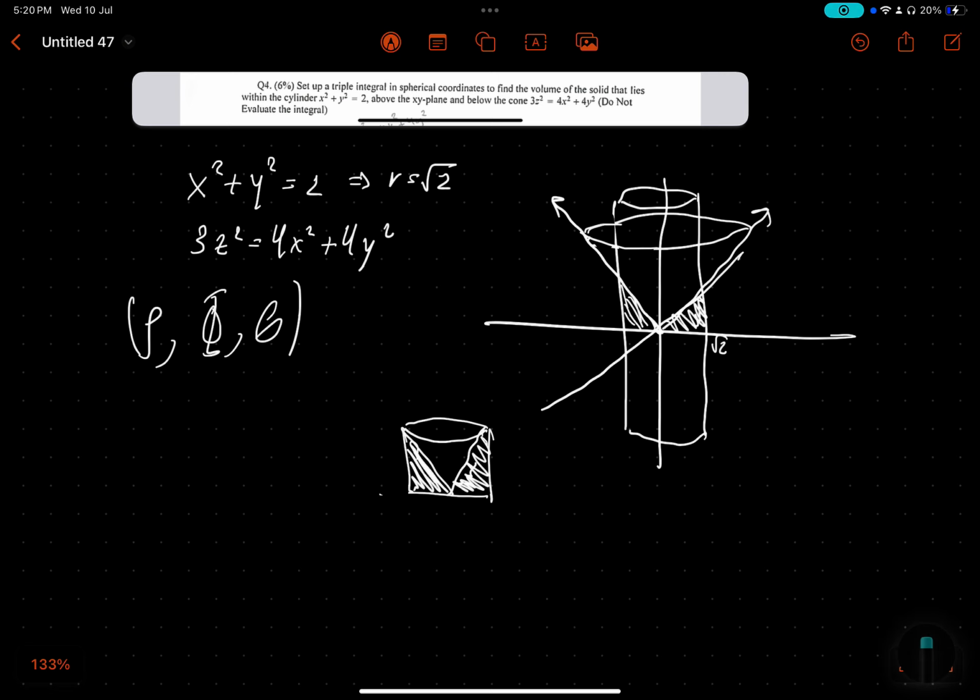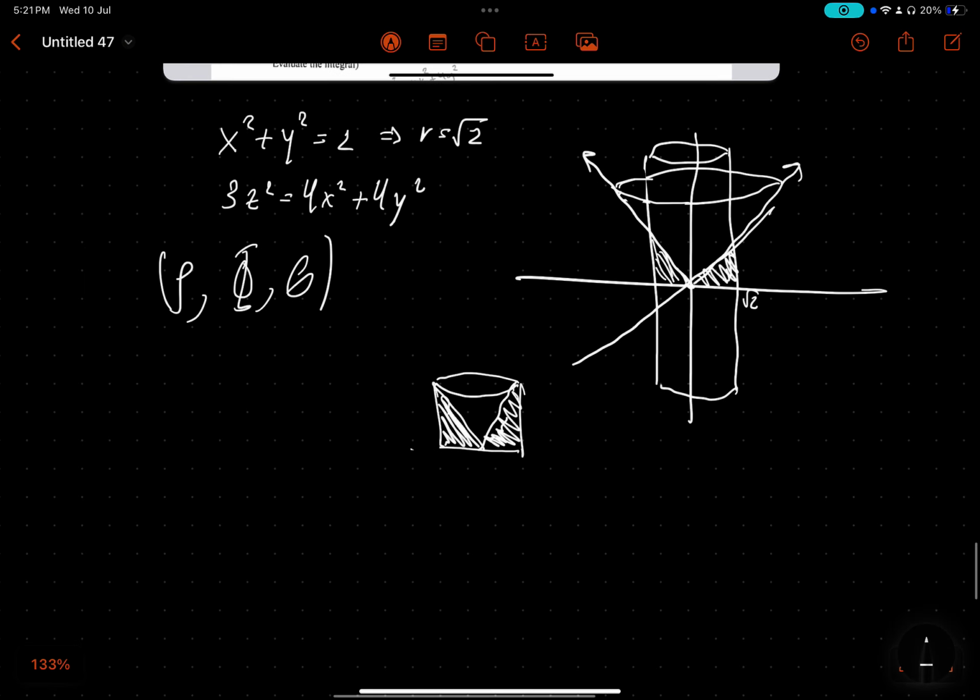Now, how do we do that? Let's first convert our equations to spherical coordinates, since he wants spherical. In spherical, I know that z equals rho cosine phi, and r equals rho sine phi.